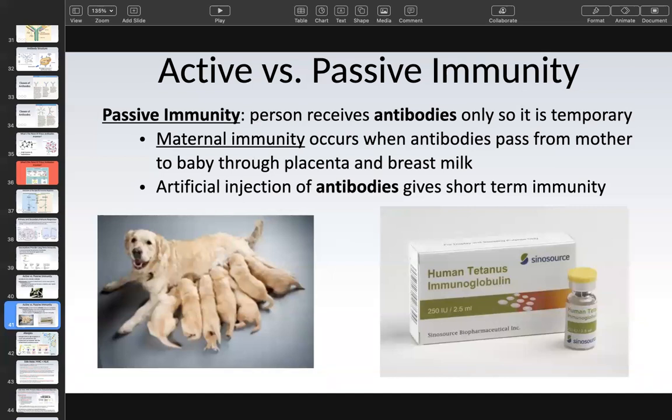There are other forms of antibodies given in an injection format, different from a vaccination, because of the component that's actually being injected.